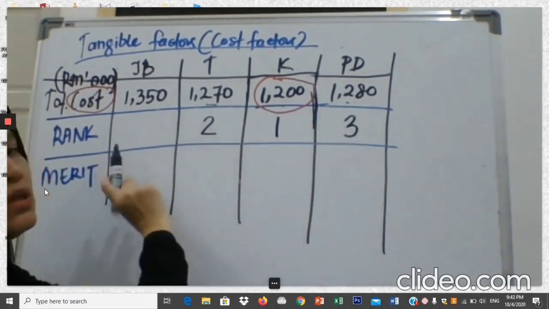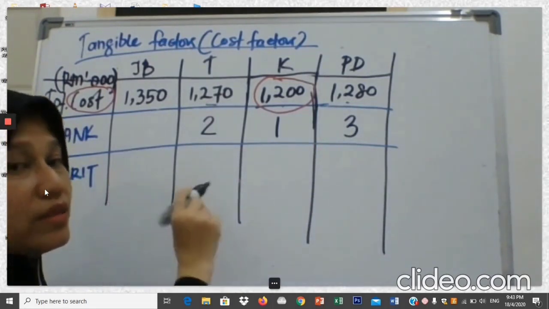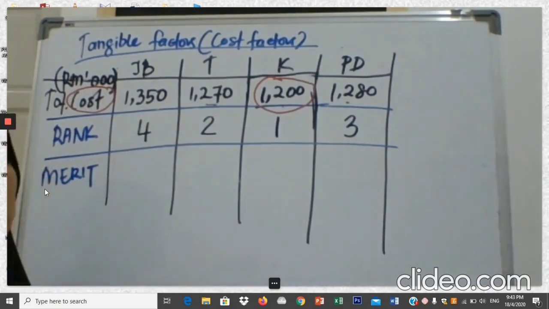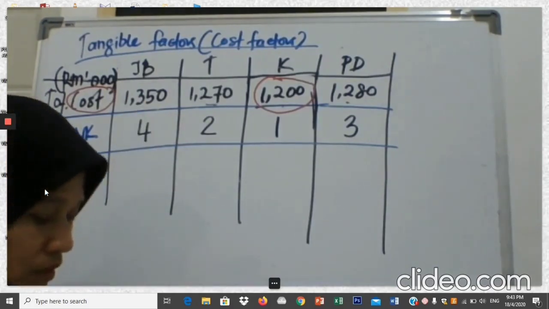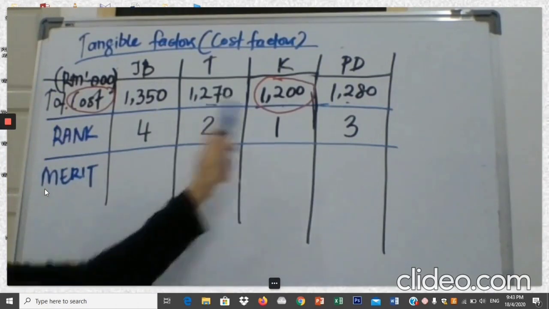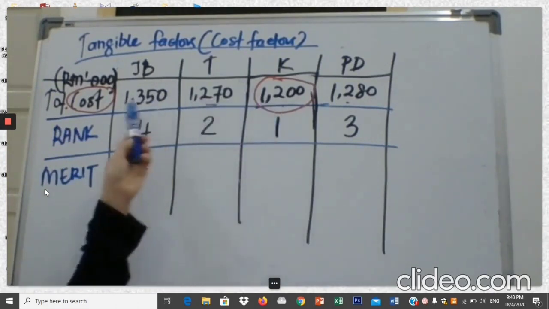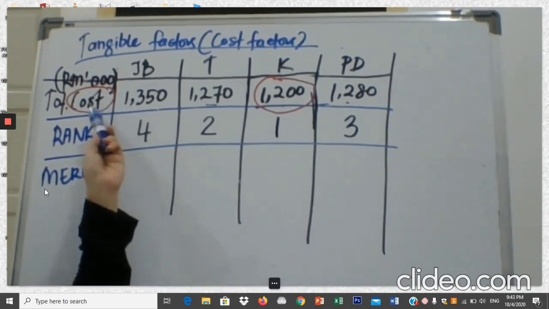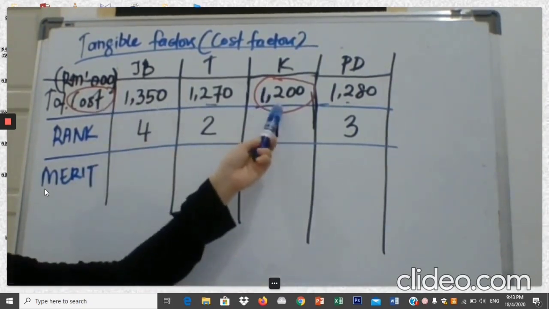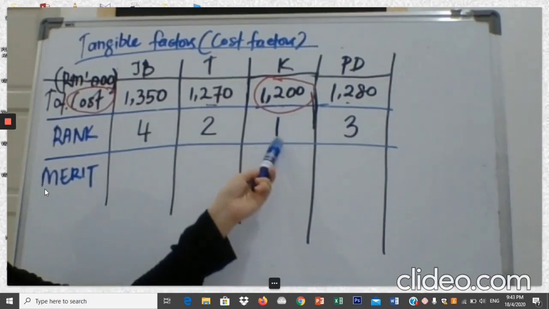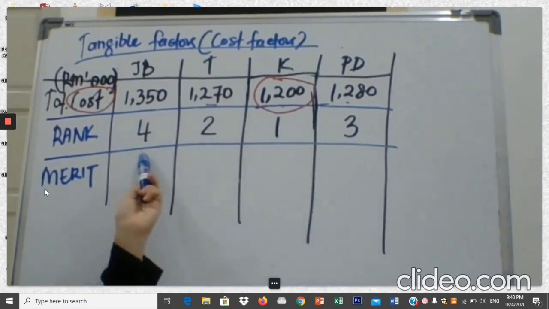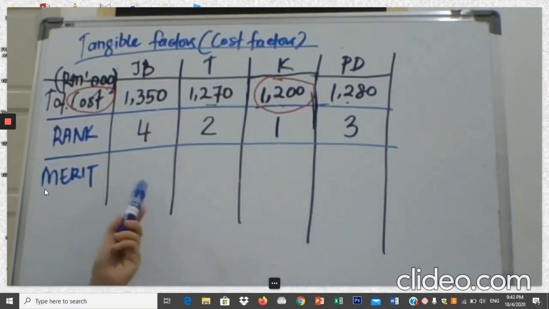You assign rank number 3, and the highest one is not the best, so you assign rank number 4. The clue here is choose the best first, and remember you are trying to determine the best location with the best cost. The best cost is the lowest cost. So automatically you assign rank number 1. Then second best, third best, and the least best.